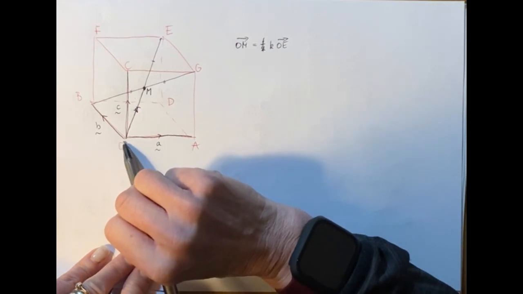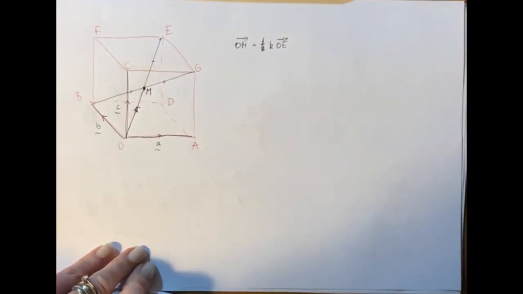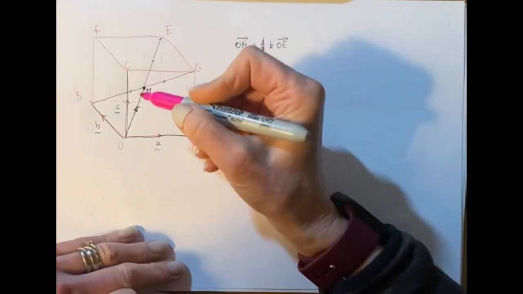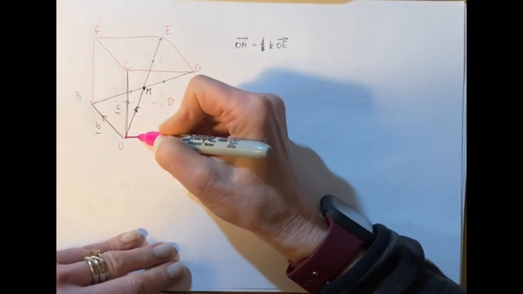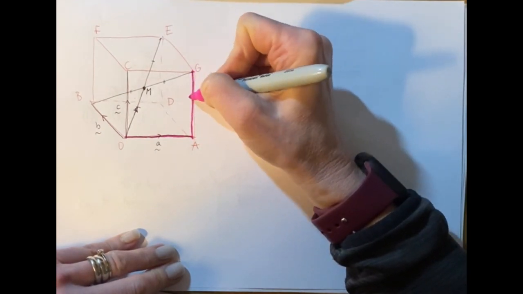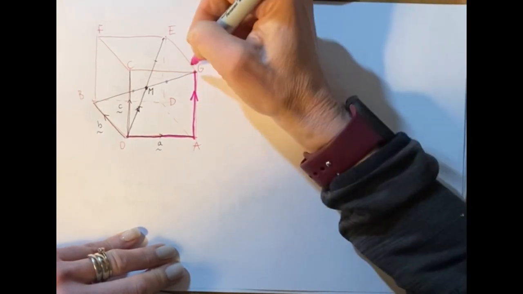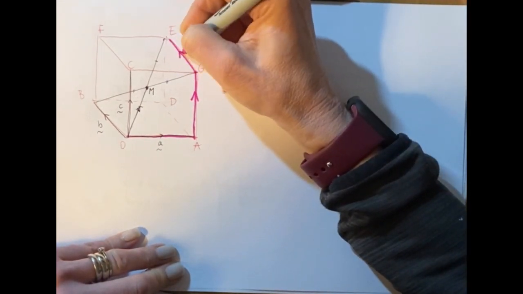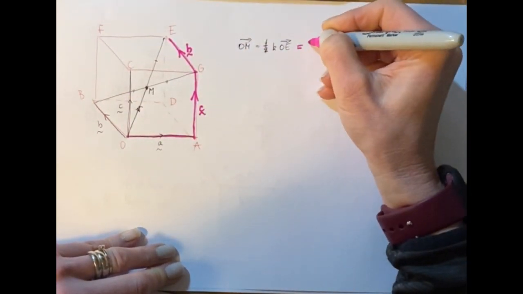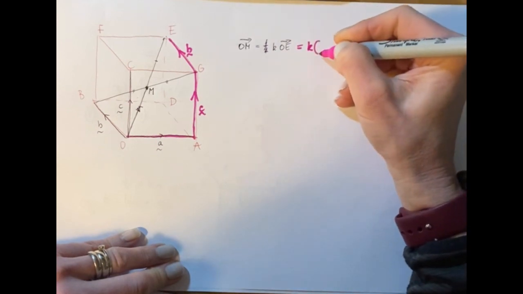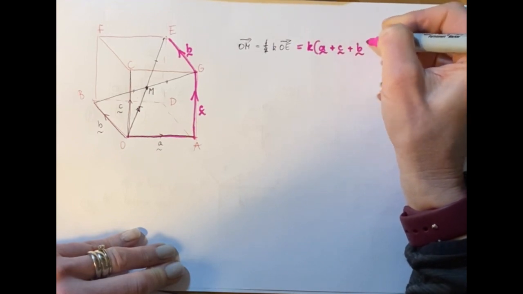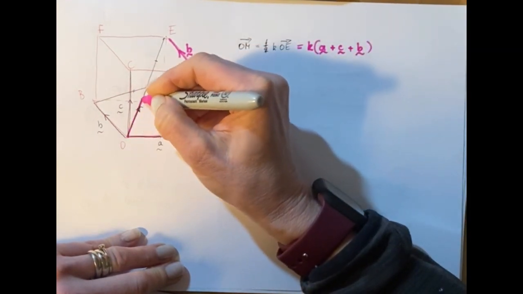So to get from O to E, let's just imagine going from O to E. Maybe we could use, let's say we can go along this side, so A, then we're going to go along C, and then we're going to go along this side, which is B, because all of these are B's, and that's C. So that's going to be K, lots of A, add C, add B. That's it, that's the first one done.